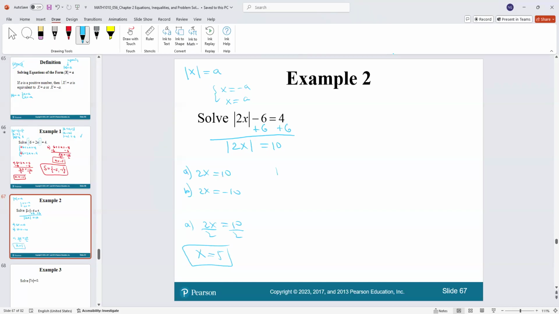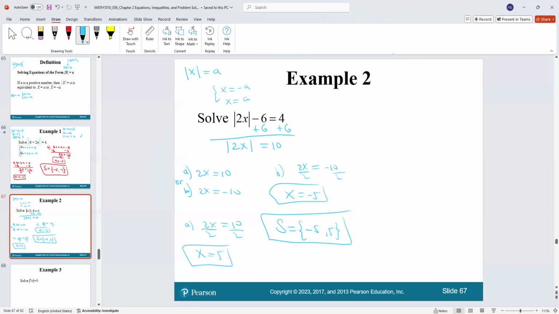If we do it with b, 2x equal negative 10, divided by 2 from both sides, x equal negative 5. Okay, so we have these two beautiful answers for this one. So we can conclude that the solutions are negative 5 and 5.